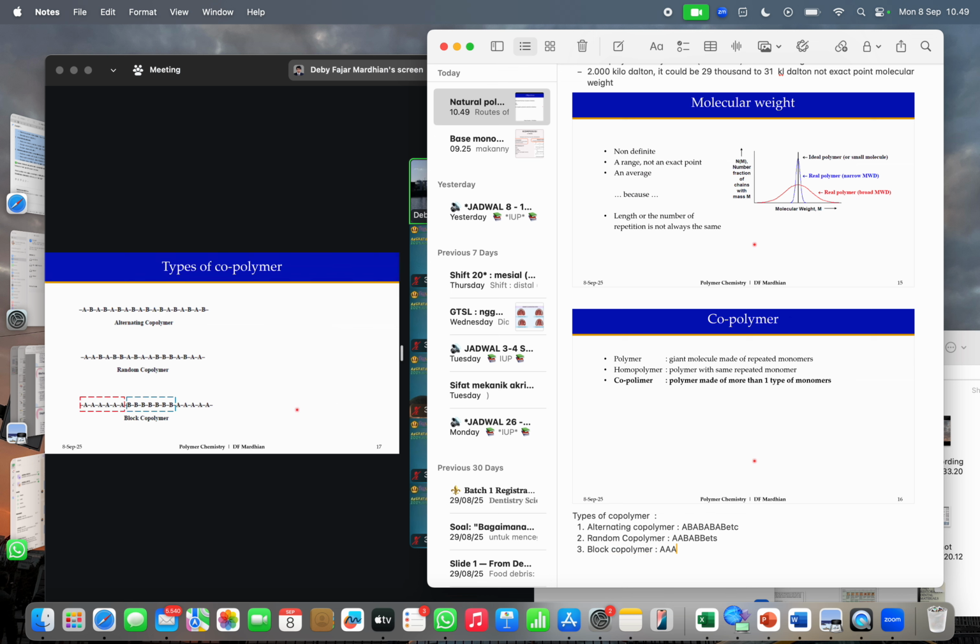And then we have one other polymer called branched or grafted polymer.